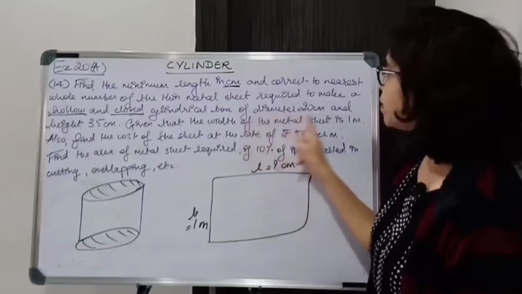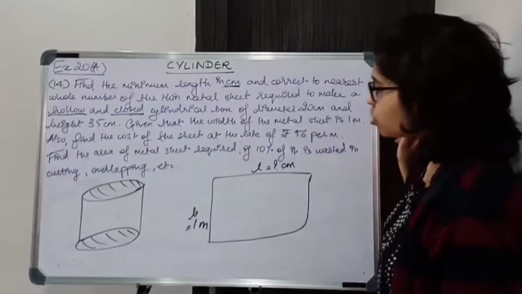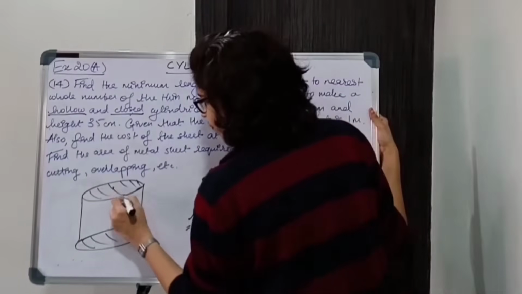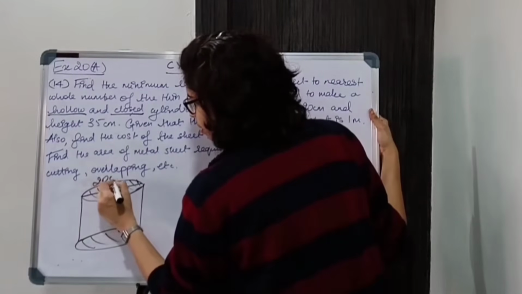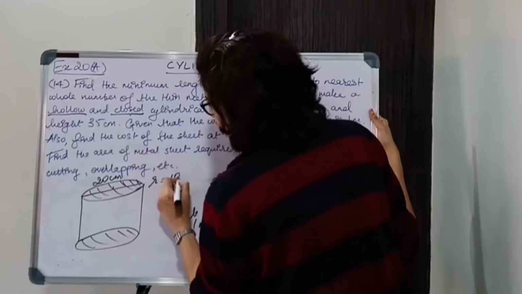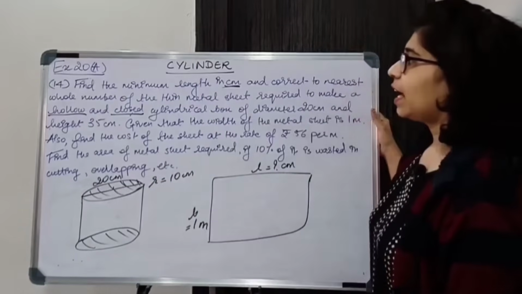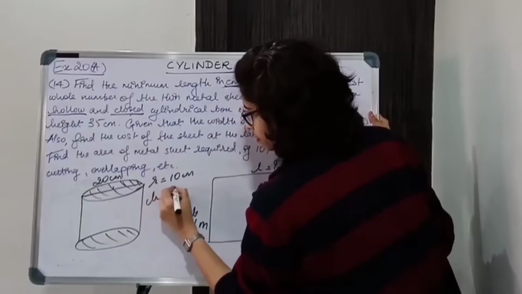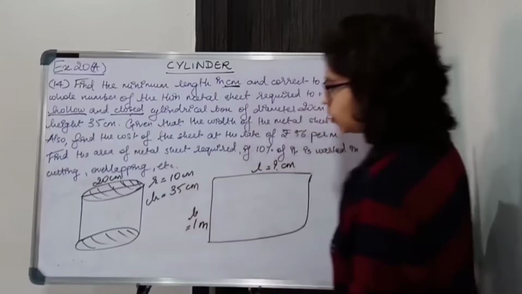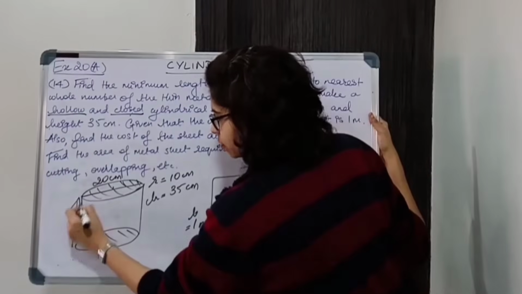Now this cylindrical box has diameter 20 centimeter. D दिया हुआ है. Okay, that is 20 centimeter. तो R क्या हो जाएगा? 10 centimeter. And height बोला गया है, that is 35 centimeter. Okay, this is the height of the cylinder.